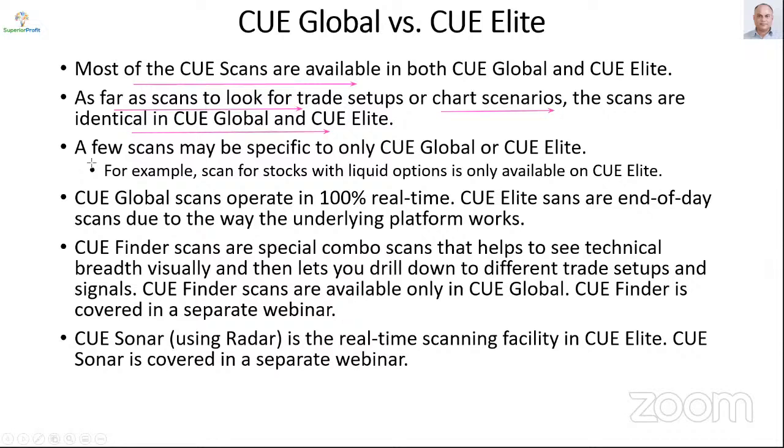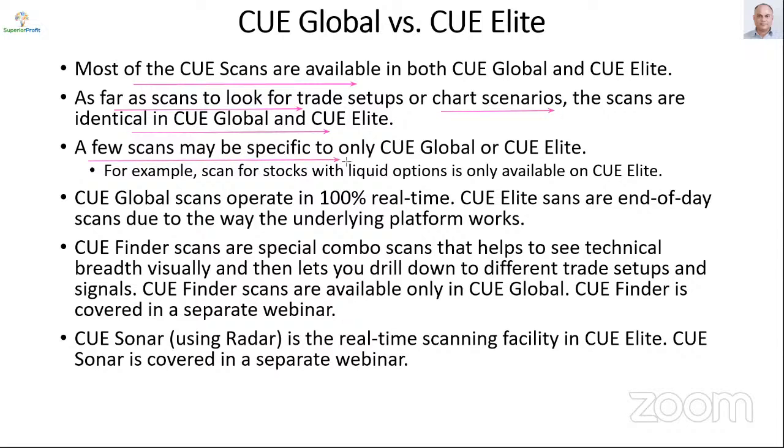Therefore, a scan with a name, for example, Q long go with flow, will have the same result in both Q Global and Q Elite. With the same name, the scans perform the same action.